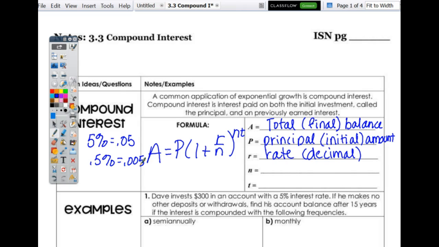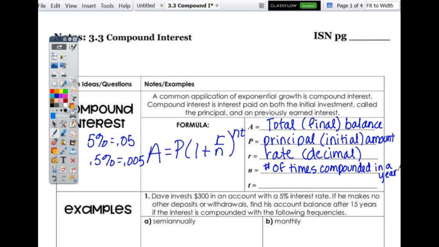So N is the number of times it's compounded in a year. So if I said it's compounded monthly, how many times that year is it compounded?